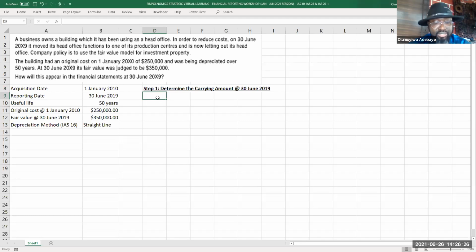The first thing is, how many years would the property have been depreciated for? We need to look for the date difference, and if you use an Excel formula, it is DATEDIF.